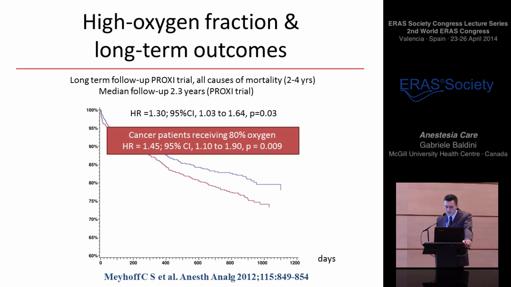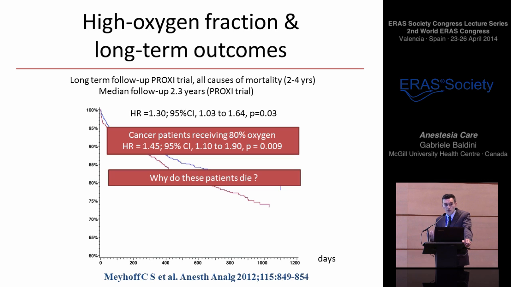Unfortunately, despite the study design being very well done and well-powered to show a difference in their primary outcome, surgical site infection and atelectasis, in this follow-up study the authors don't tell us why these patients died. Did they die because they were hit by a bus? Did they die because of cancer? Did they die because of cardiovascular disease? So we can't really say that high oxygen concentration increased the risk of cancer recurrence.